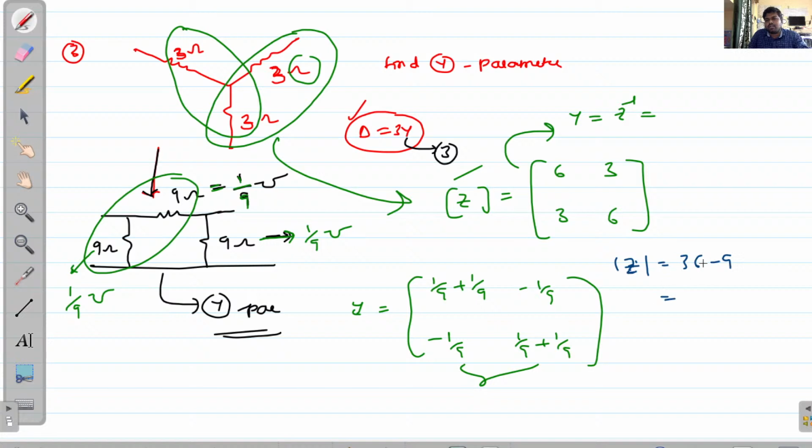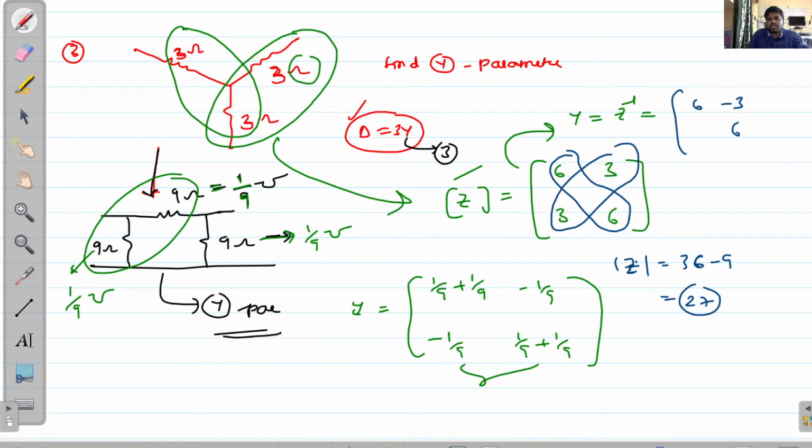So what you will get? 36 minus 9, that is 27, right? So this is your mod Z value. And if you find the adjoint matrix, just interchange these two, so nothing will change, and you take the negative sign for minus 3 and minus 3. So this is your matrix, and you divide by the determinant of mod Z here, that is 27.